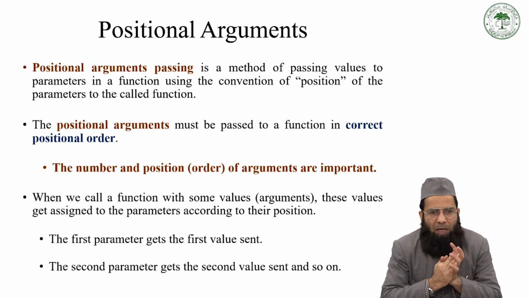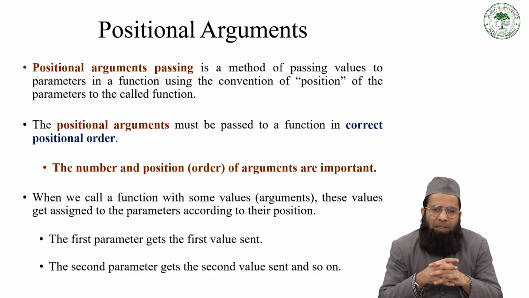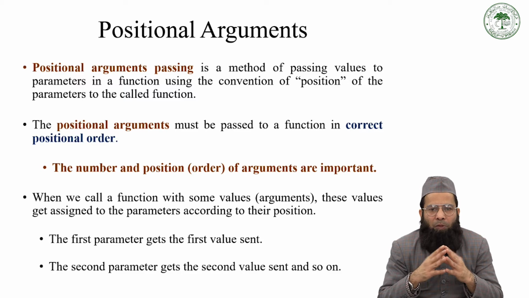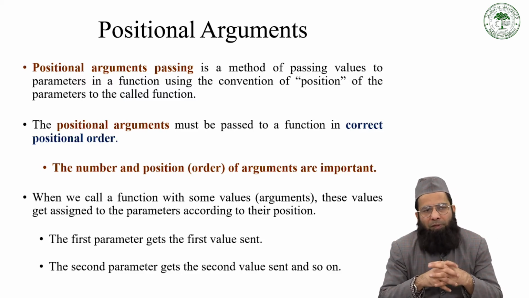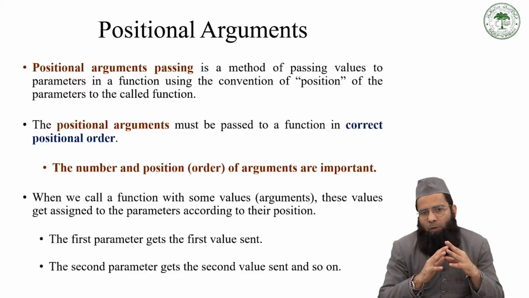And what is a positional argument? Positional argument passing is a method of passing values to parameters in a function using the position of the parameter in the called function. It is a very basic type of argument.